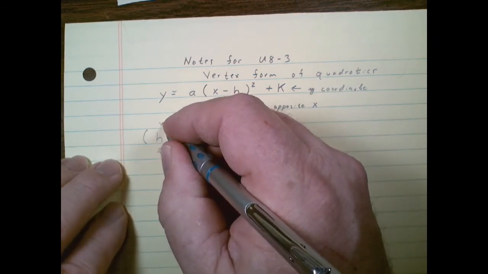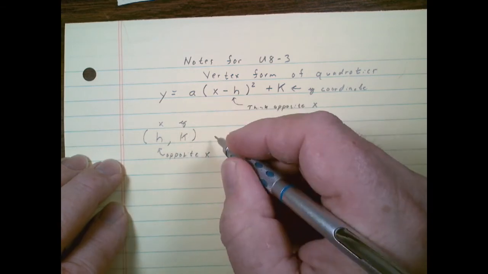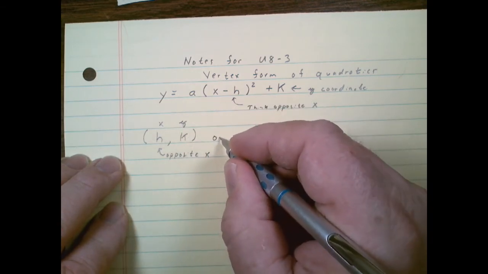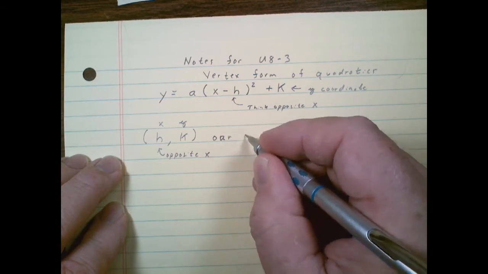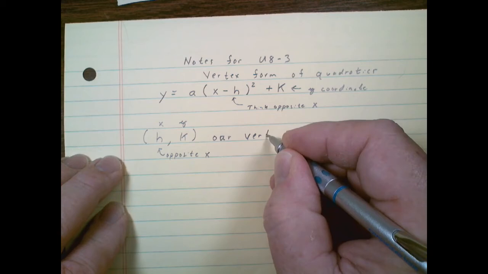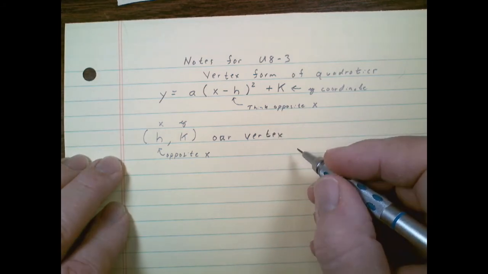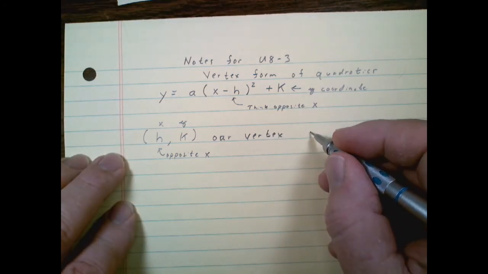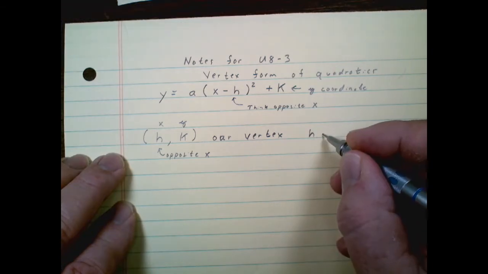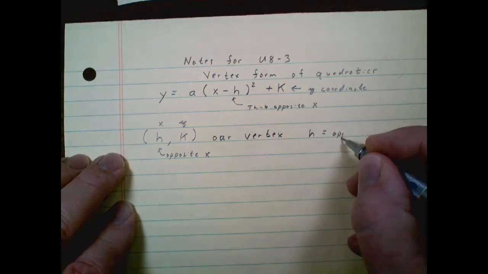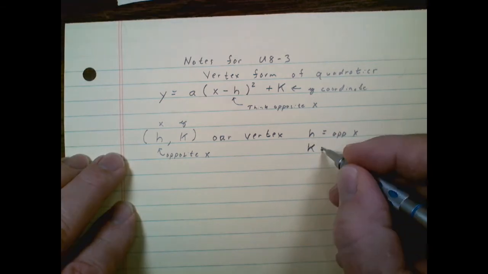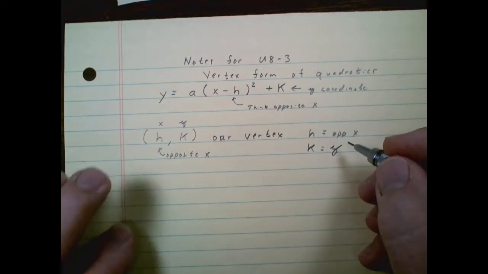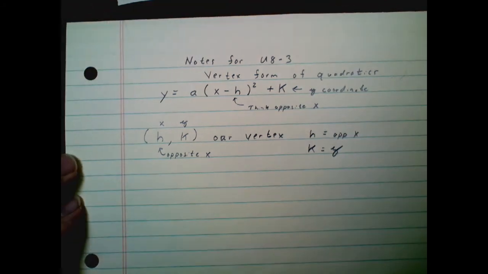This is our x and our y of our vertex. Our vertex, where the h equals opposite x, and the k equals the y, whatever it happens to be. All right?